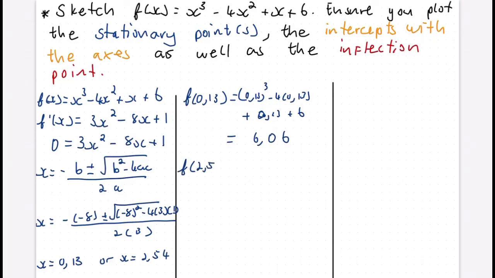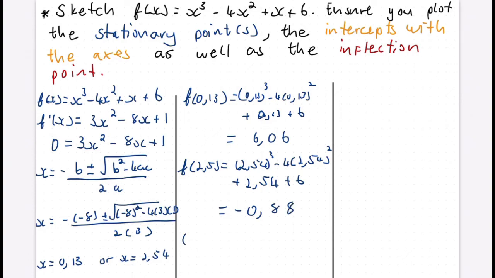The y value when x is 2.54 is 2.54 cubed minus 4 into 2.54 squared, sorry, that should have a squared there, plus 2.54 plus 6. Now that gives me a y value of negative 0.88, meaning we have a stationary point at (0.13; 6.06) and another one at (2.54; -0.88).